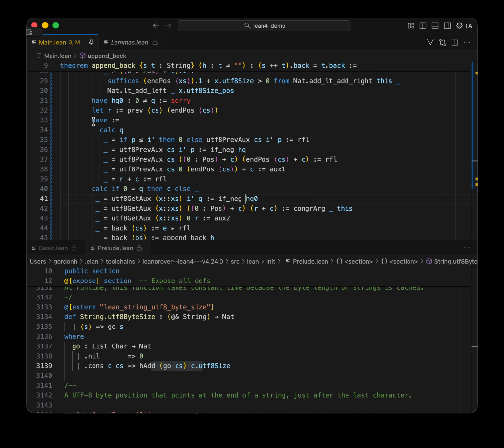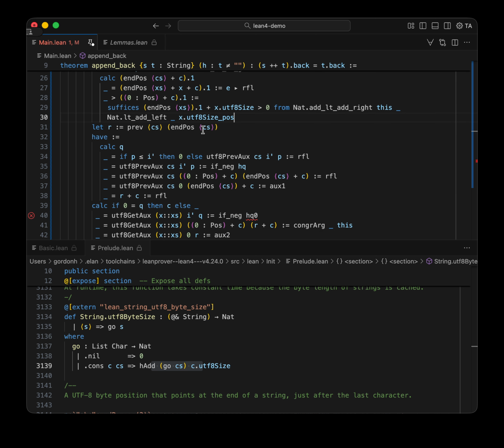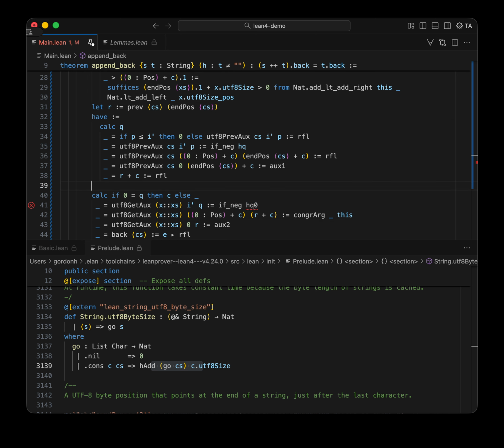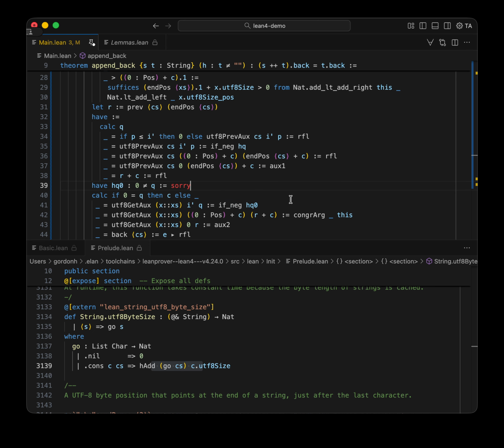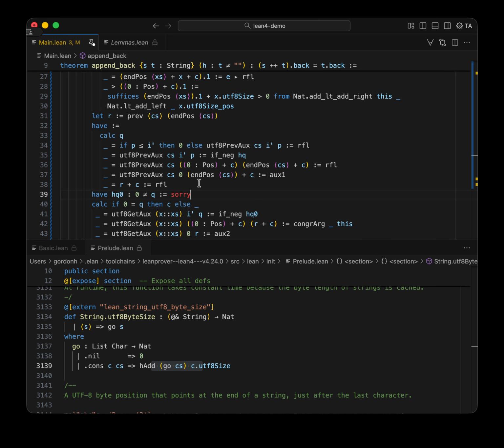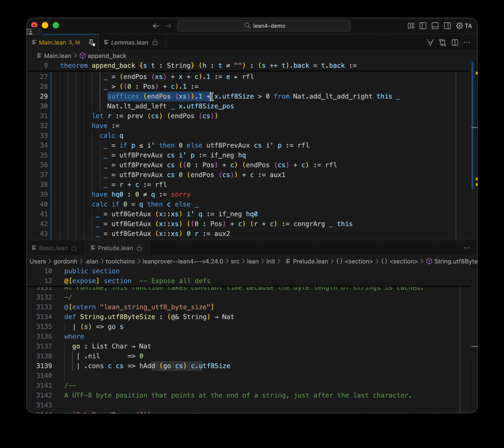Down below. Not required by any of the preceding part. 0 not equal to Q. Q being this. R plus C. C is okay. Okay, so the reasoning follows from this. Same kind of reasoning.